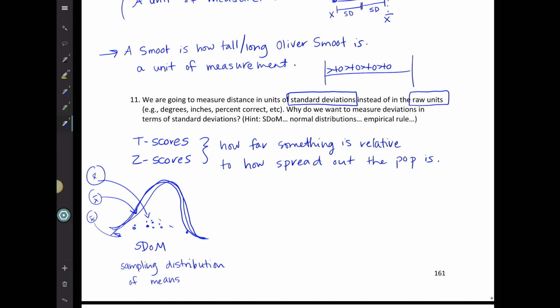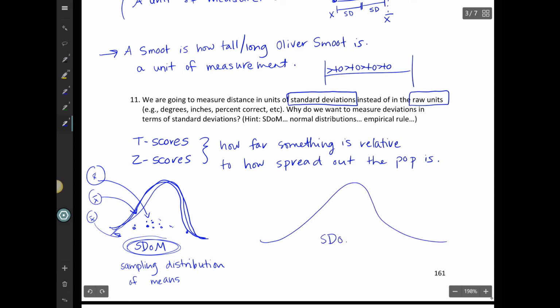Sorry, I'm missing the vocabulary right now. Okay, so we've got our SDOM, we've got our T-scores. Since we know this SDOM is basically always normal as long as we have enough people in our sample, we're going to use that to determine, okay, if this is the SDOM based on the null hypothesis being true, and I've simulated this, and I have just my one sample.